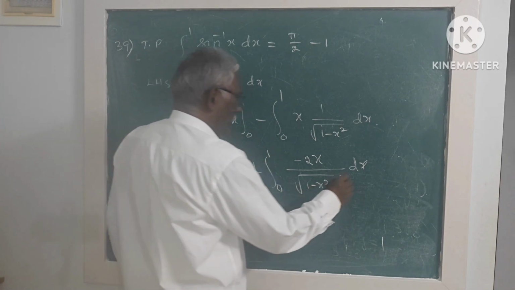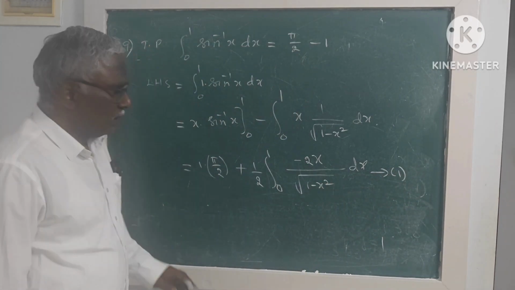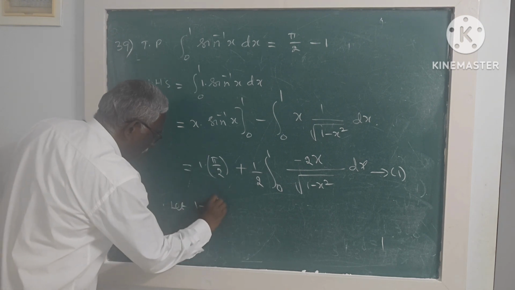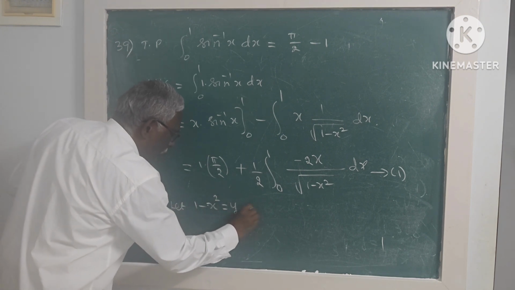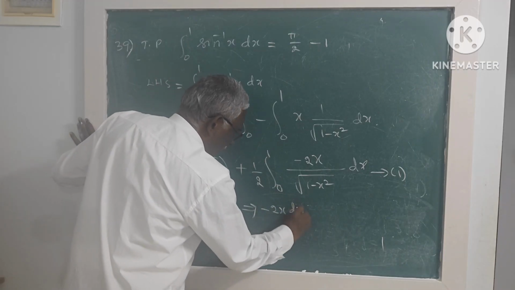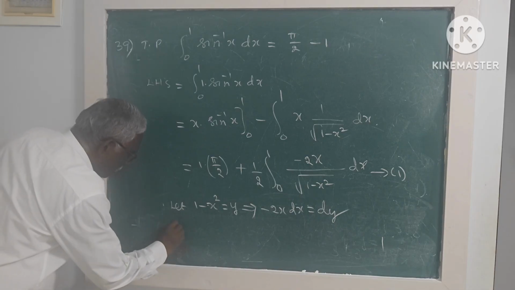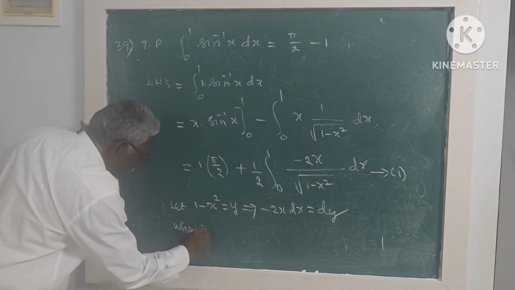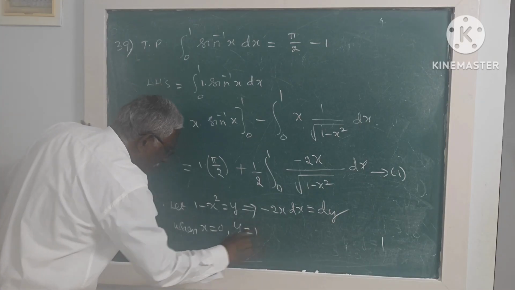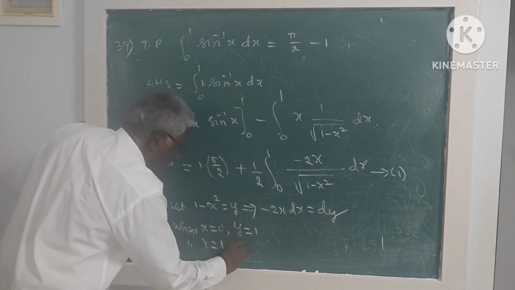Now let 1 minus x square is y. This gives minus 2x dx becomes dy. When x is 0, y is 1. When x is 1, y is 0.